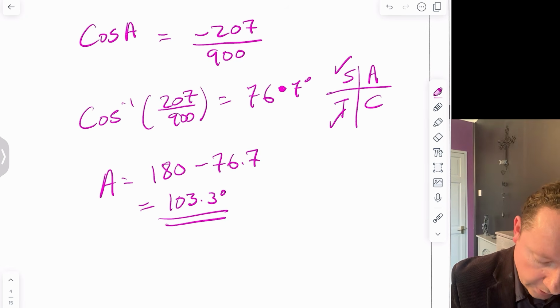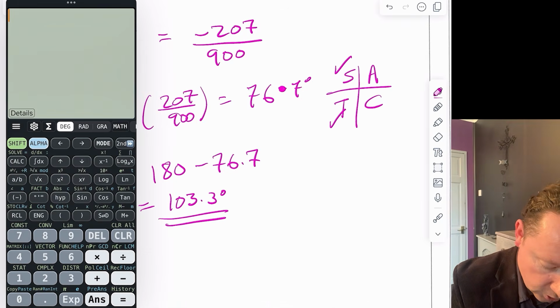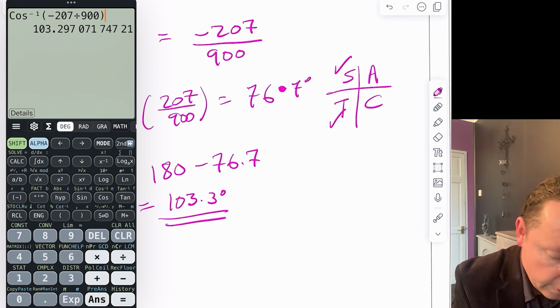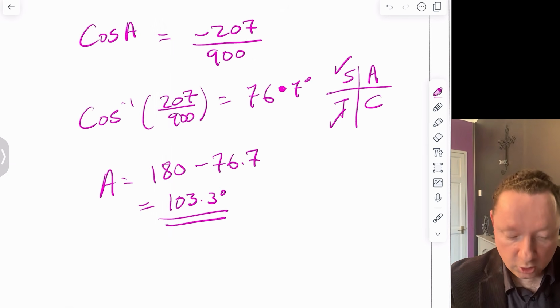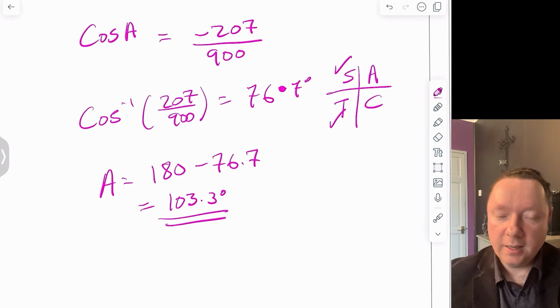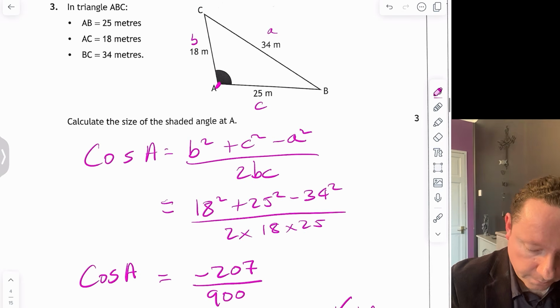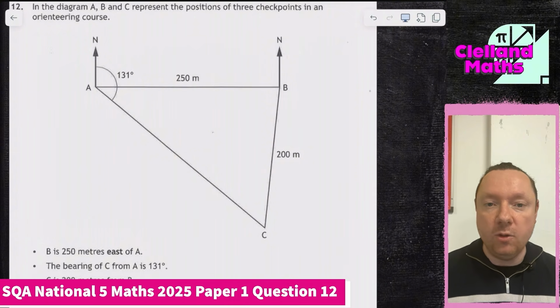Now, let's check what would happen if you'd done shift cos of minus 207 over 900. Happily, we give you it as 103.3, so you're done there. Now, I never do that. I always use the CAST diagram when cos is negative, so I'm consistent with all my working. But there we are.